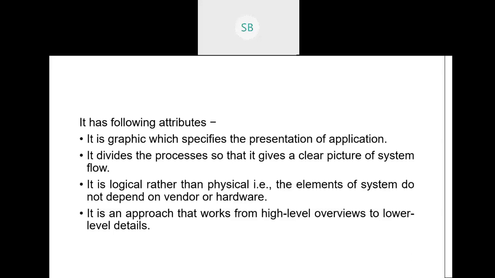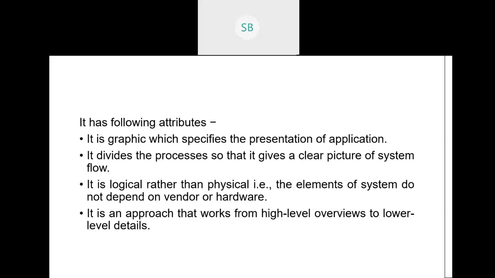Why have we done that? To get a proper idea of what features and functionalities will be present in the system. So to have a clear picture of the system. It is logical rather than physical. The elements of the system do not depend on the vendor or hardware. Obviously the diagrams you are drawing are logical, but to get an understanding of the implementation point of view, we draw the diagram.